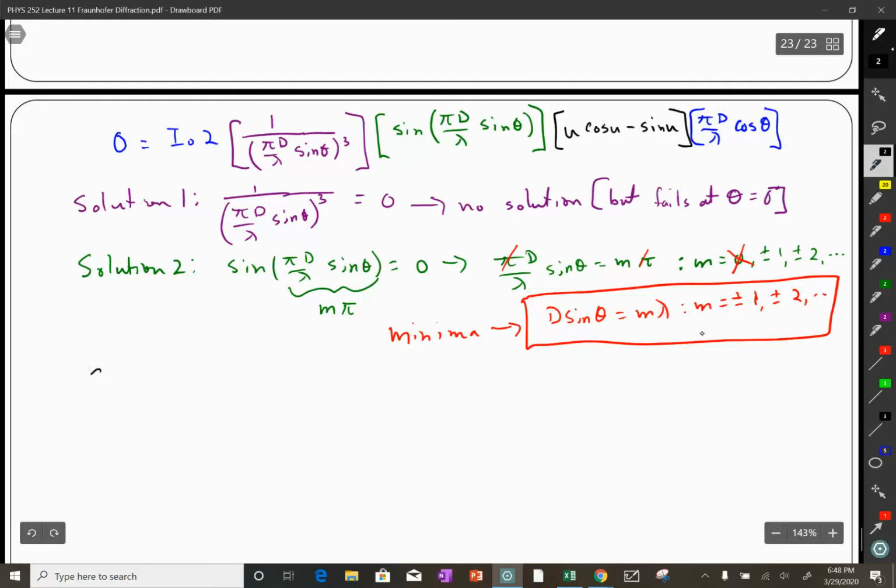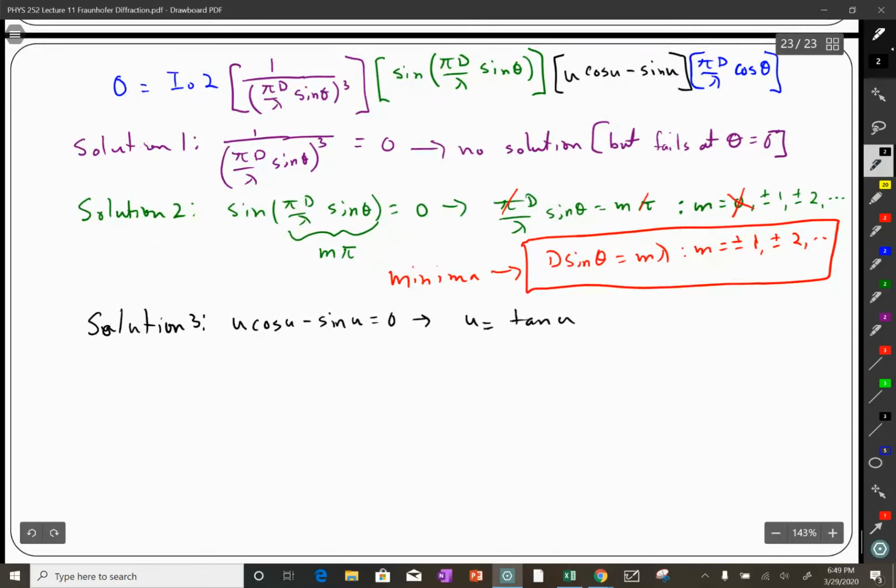Now the next one is the hard one, especially if you can't spell solution. U cosine u minus sine u equals 0, or u is equal to tangent u. This is a transcendental equation. You can plot this. I'll put u on this axis, and then I will make a graph of y equals u.